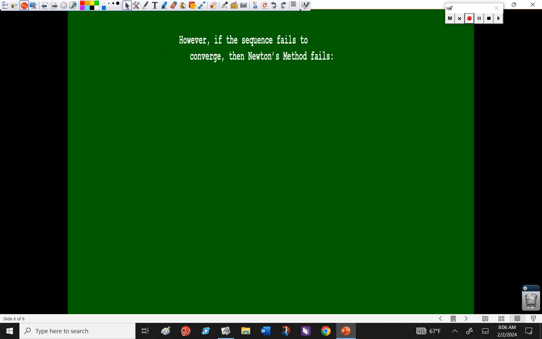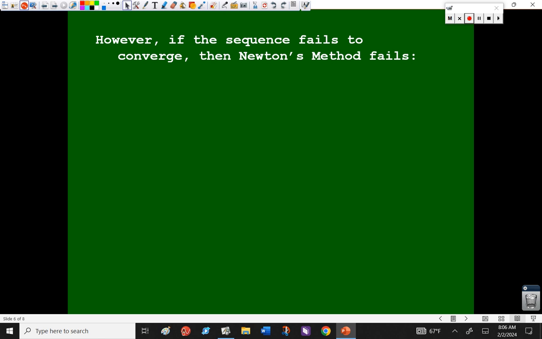However, there is a little pitfall. If the sequence fails to converge, in other words, let's say you start sticking in these values and you're doing it correctly, and it doesn't converge to a single number, like it goes from 0.5 to 0.6, then to 0.8, 1, 2000, then Newton's method fails. There's a couple reasons for this. There might be a horizontal tangent, okay?